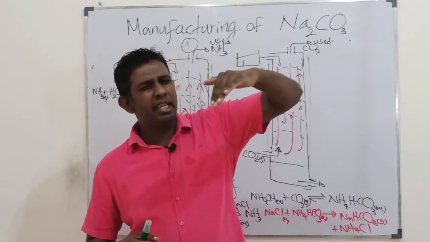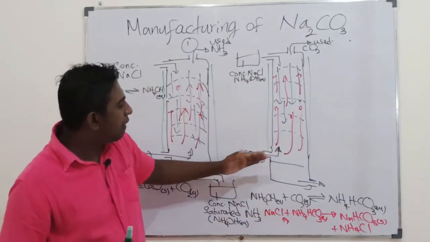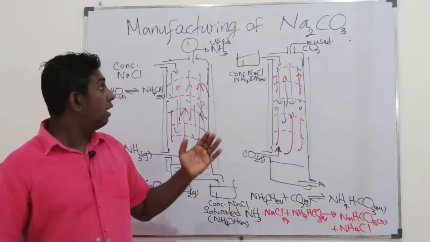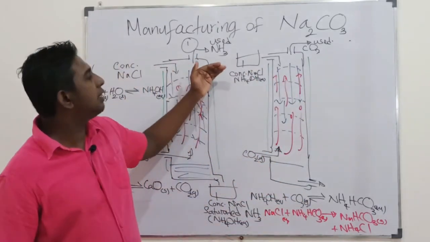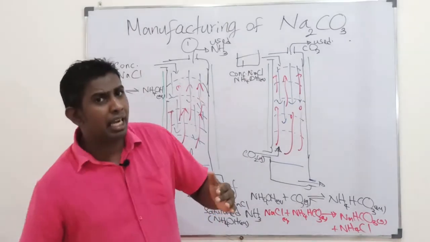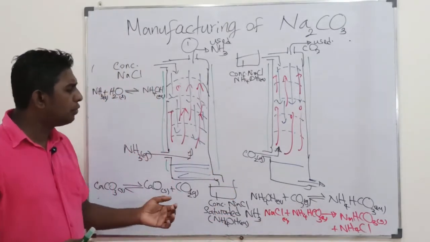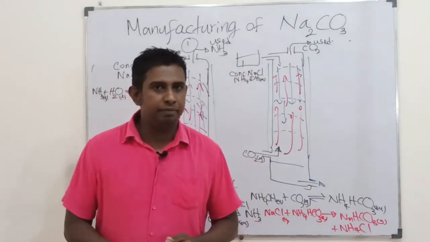When you feed it at the top, you will be providing carbon dioxide gas at the bottom of the second tower, right? At the top of the second tower, when you feed this concentrated NaCl saturated with ammonia, we pass carbon dioxide to react with it. You get this reaction forming ammonium bicarbonate.